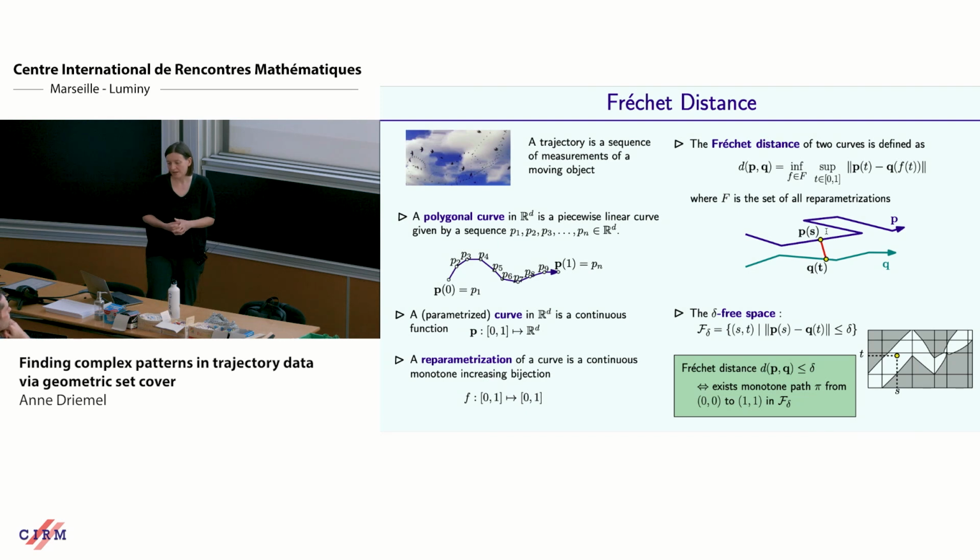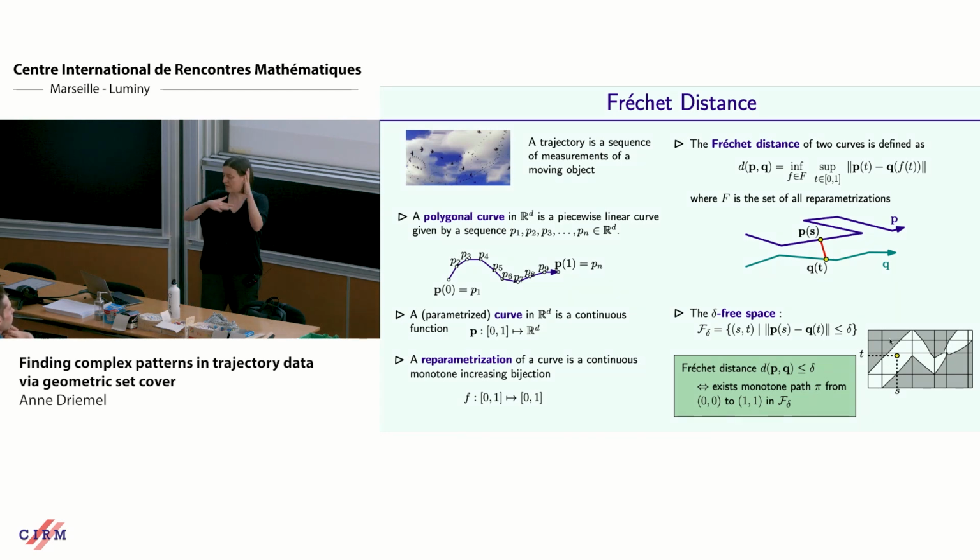Now, since we're optimizing here over an infinite set of reparameterizations, you may wonder, can we actually compute this? But there's actually a relatively easy way to compute this via dynamic programming or continuous dynamic programming, looking at the free space diagram. You look at the joint parametric space, and a point in this joint parametric space gives us two points, one on each curve.